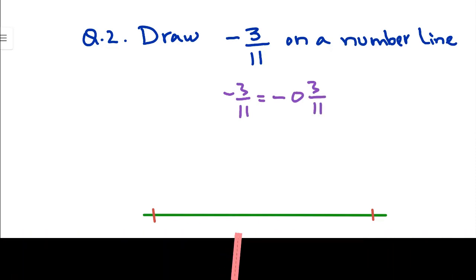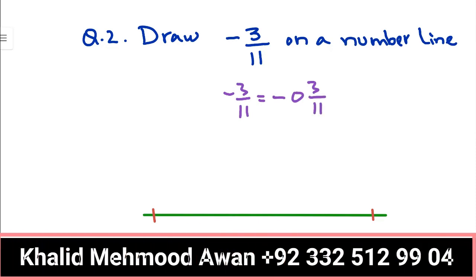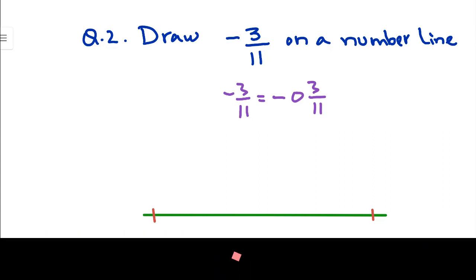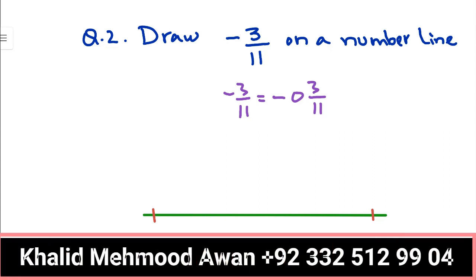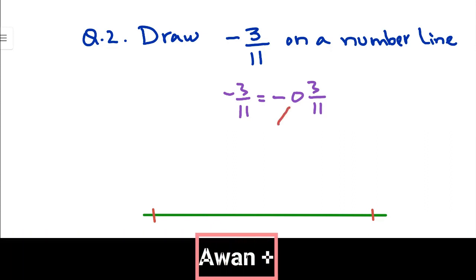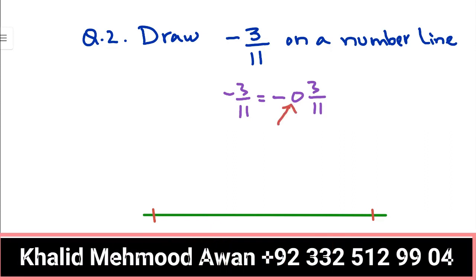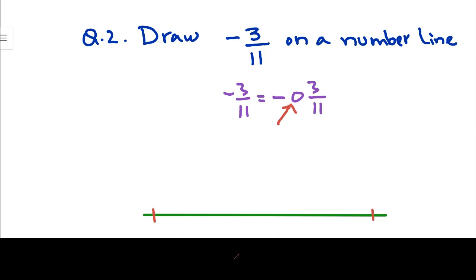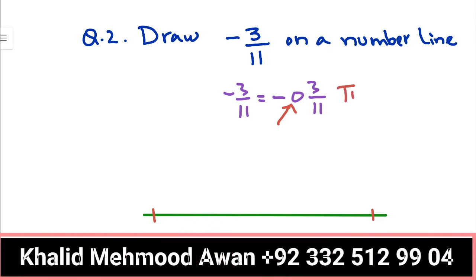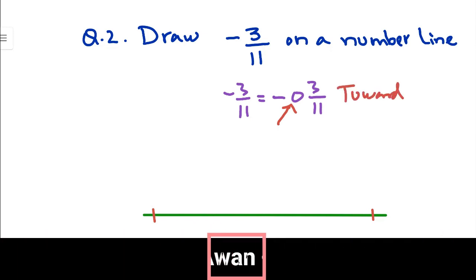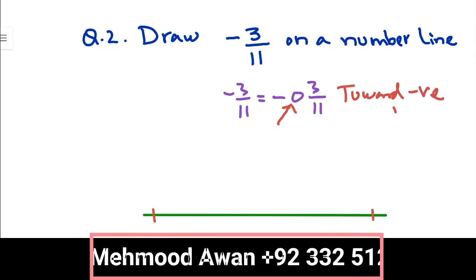So it is mentioning that the starting point is -0. So -0 means we'll be drawing towards the negative side. This -0 means this is 0 side, and we'll be moving towards the negative number line.